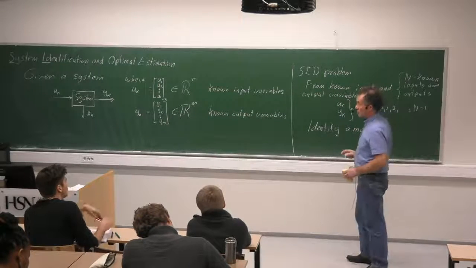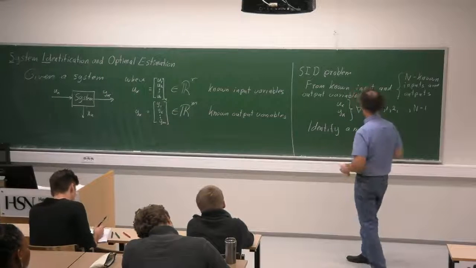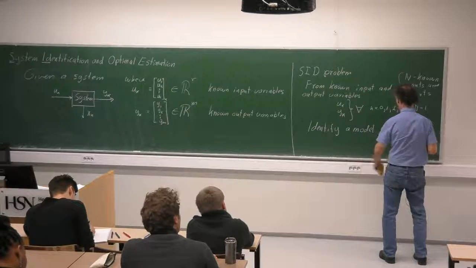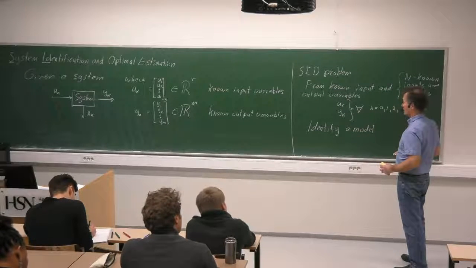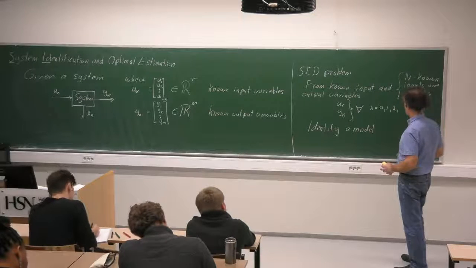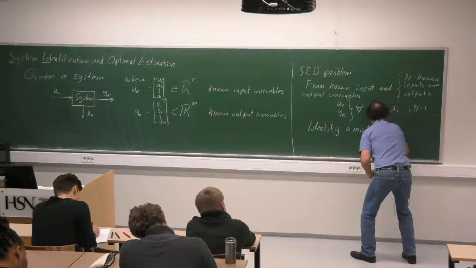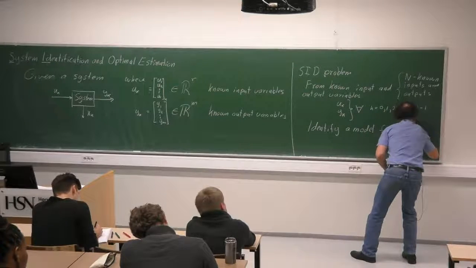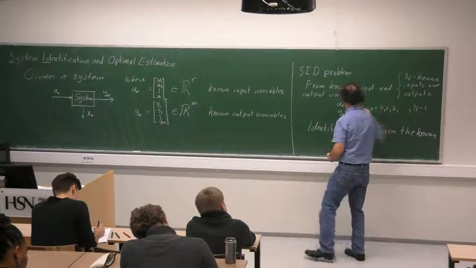And this system is, of course, in general dynamic. So I could have written identify a dynamic model, but models are usually dynamic in nature. So identify a model from the known input and output data.